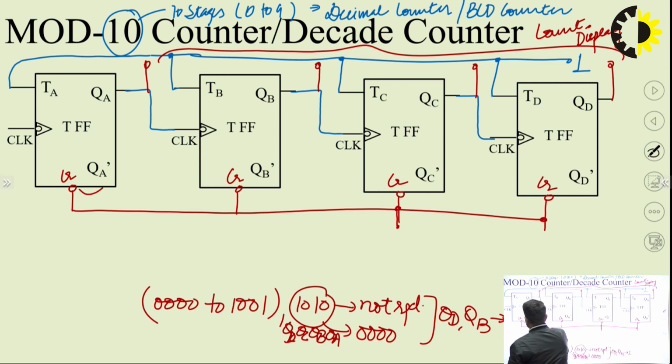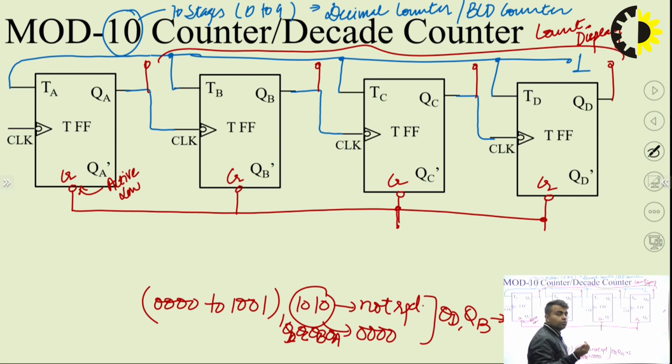This bubble indicates that these are active low inputs. That means these will be activated if they get a 0 signal. So to disable them, I will send a 1, and to make them work, I need a 0 on all the clear terminals. Okay, so this is my task now.